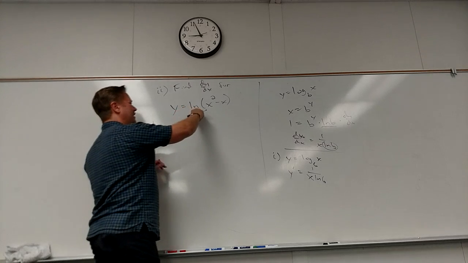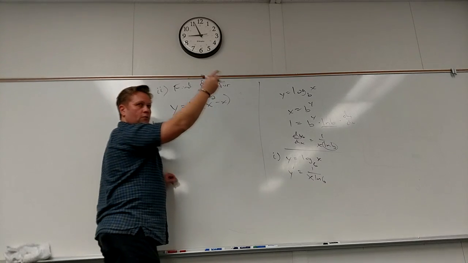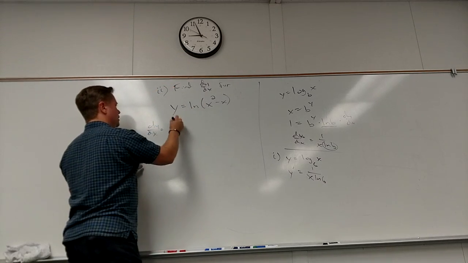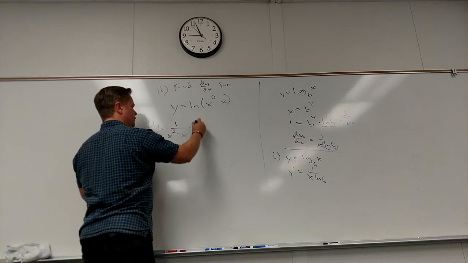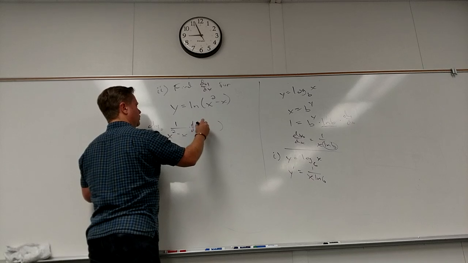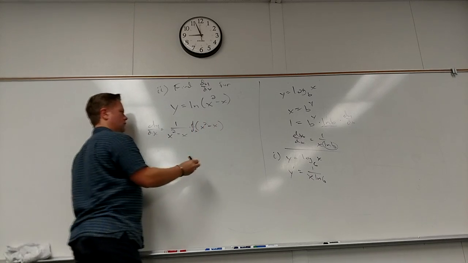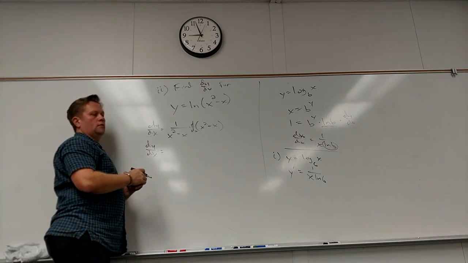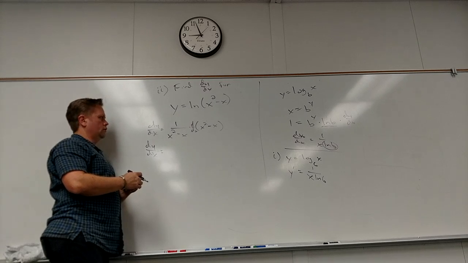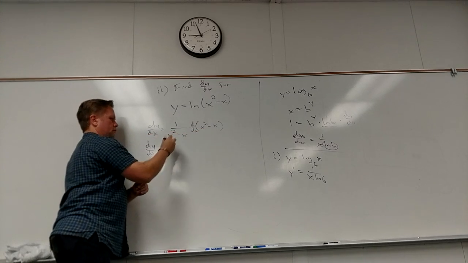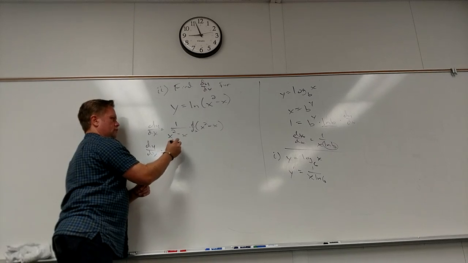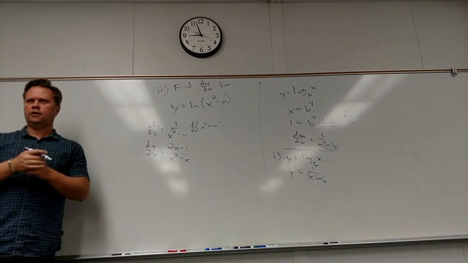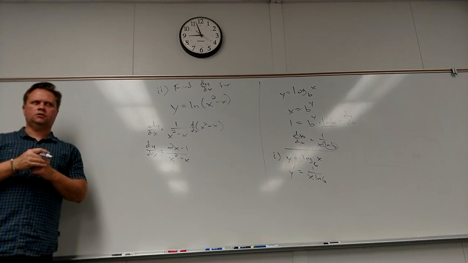So the derivative of ln of something is 1 over that something. So the derivative of ln of this is 1 over this times the derivative of the inside. Of course, what's the derivative of the inside? That's nice.